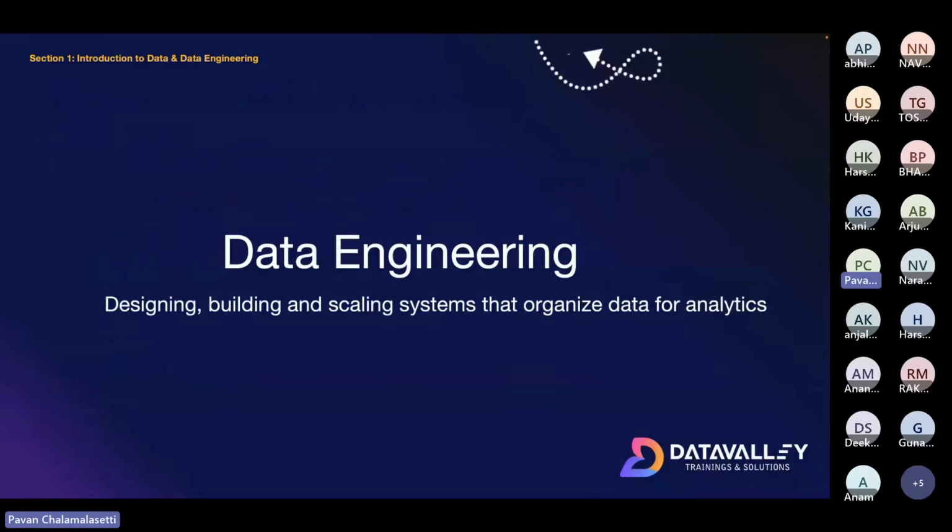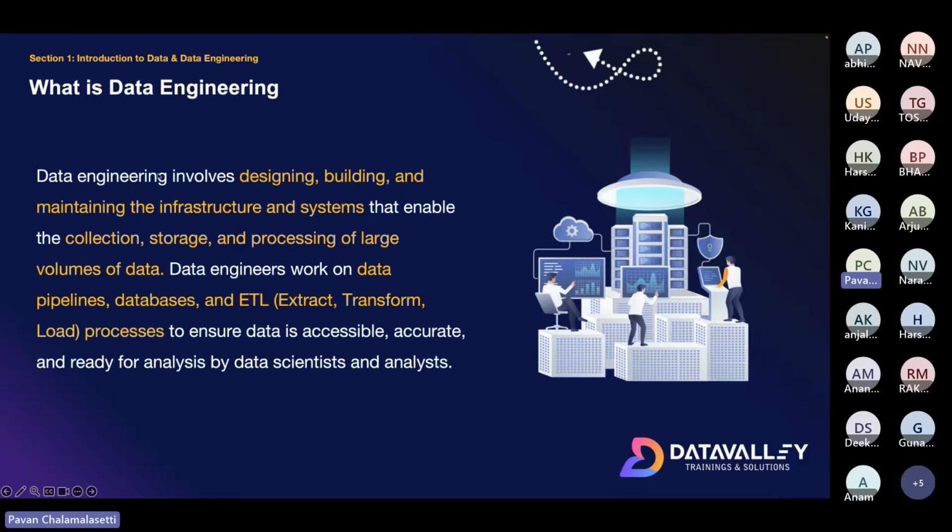So the role of data engineering is all about designing, building, and scaling systems. Basically, what is the role of a data engineer? A data engineer designs, builds, and maintains the infrastructure and systems that enable the collection, storage, and processing of large volumes of data.